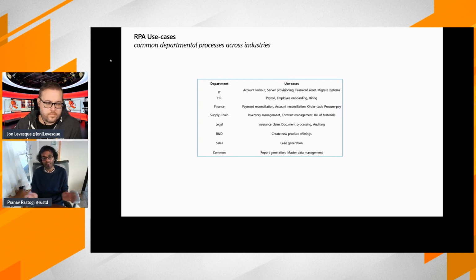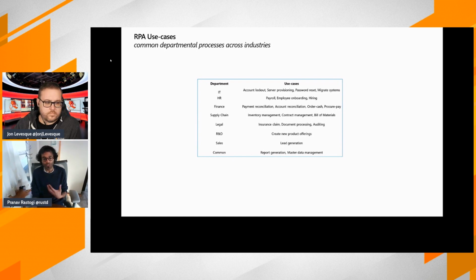And then in the last row, you think about any operation where you're generating reports, where you're consolidating data from multiple sources or running some report generation tools at the end of the week, at the end of the month. You can use RPA to automate all of these tasks. So that's the core premise of where you can use RPA. It's across all these departmental level processes, no matter what industry you're in.